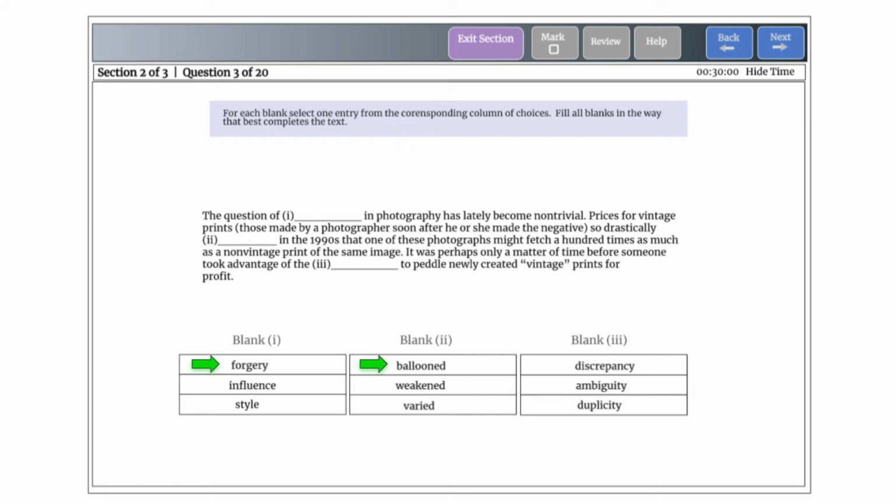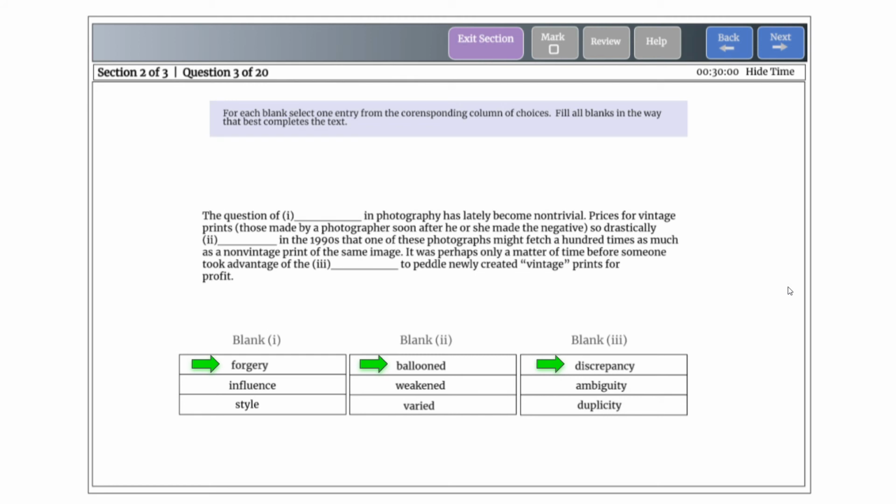And now, given the context we have, the last blank, is it going to be discrepancy, ambiguity, or duplicity? Well, what is it that people are taking advantage of, right? It says took advantage of the blank. So we know it's whatever was talked about in the previous sentence, and there they're talking about this discrepancy in price, right? That's what people are taking advantage of.